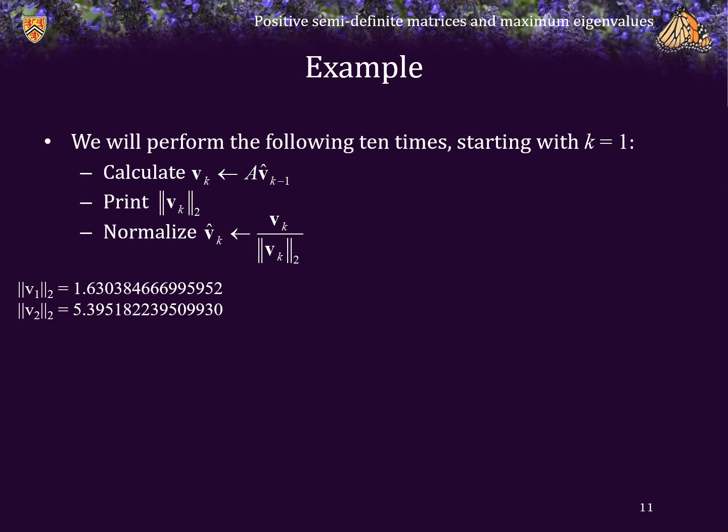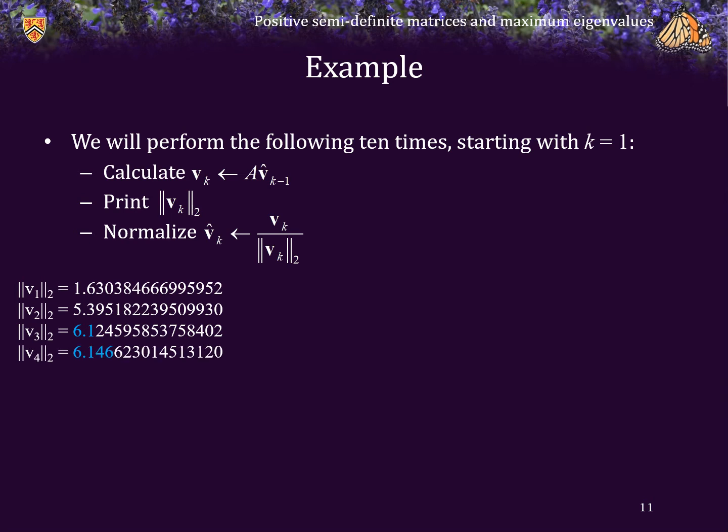And so it seems as if v2 is much closer to that largest eigenvector. So then we normalize v2, and once again we apply the matrix. And let's print out the 2 norm. Notice it's getting very close to that largest eigenvalue.